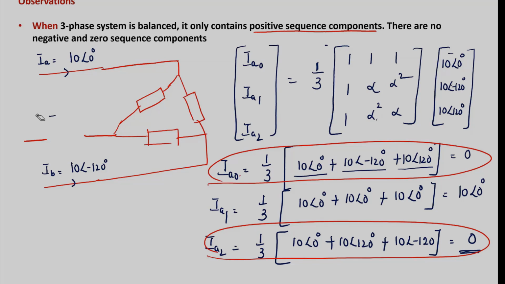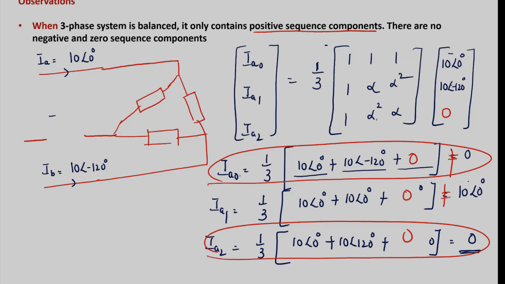If you do the same exercise by substituting IC equal to 0, you are going to get all these components as non-zero. This will be non-zero, this will be non-zero, this will be non-zero.